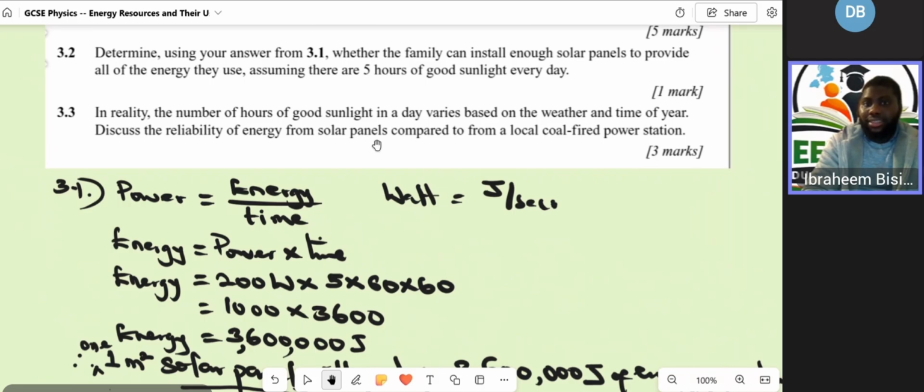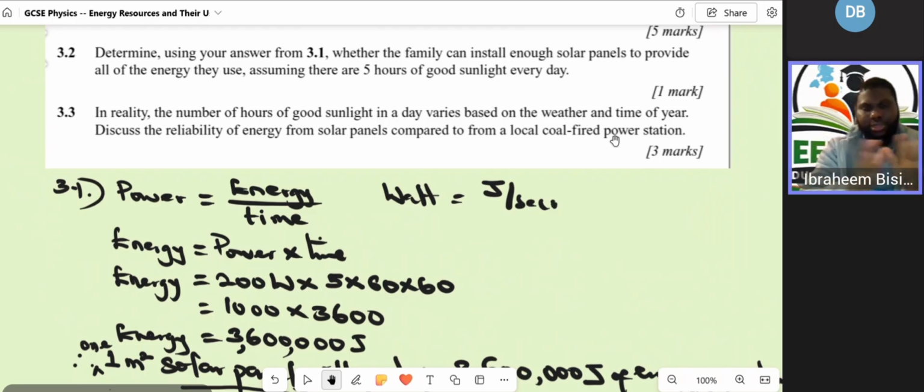Even at that, if the sunlight is steady regularly, the amount of energy it will produce is small compared to what the non-renewable energy source can produce, like the coal-fired power plants. You can also have the crude oil-fired power plant. You can have the natural gas-fired power station. So they are non-renewable energy resources.